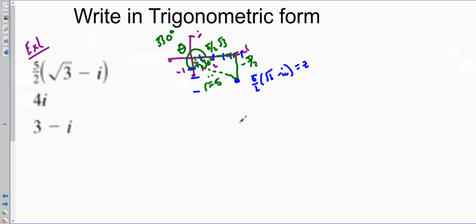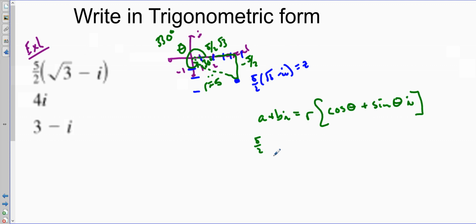We can figure this out by knowing that a plus bi, if we recall from last time, is going to be r times the cosine of our angle plus the sine of our angle times I. So in order to write this out, we plug in all the values that we know: r is equal to 5.